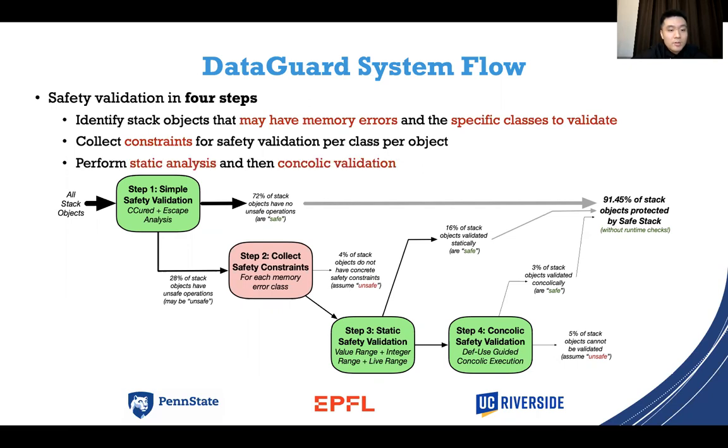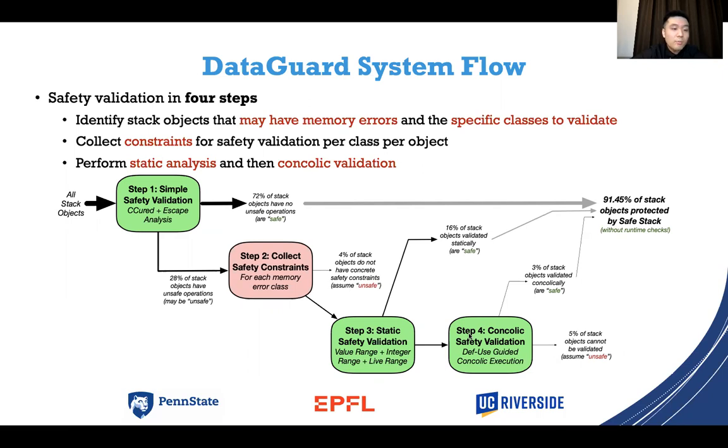Then we proceed into the third step, the static safety validation, to leverage the collected safety constraints and the static analysis to validate the safety of the stack objects. In this step, we find 16% of the stack objects can be validated as safe additionally. However, this is not the end.